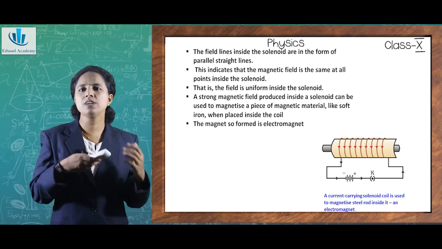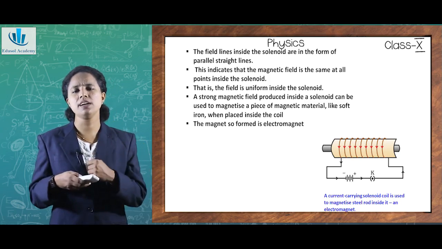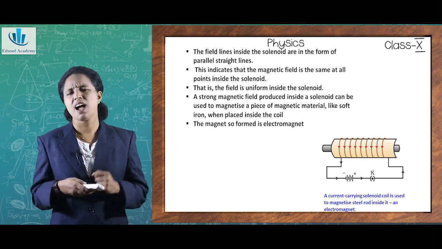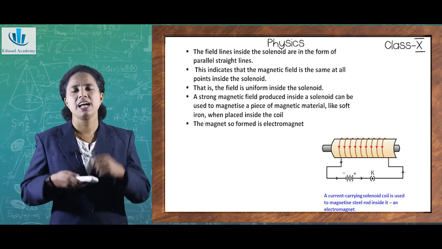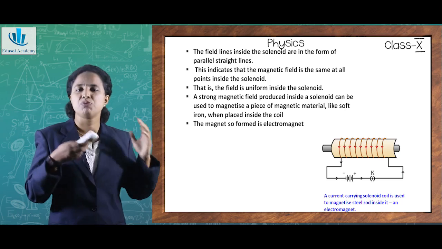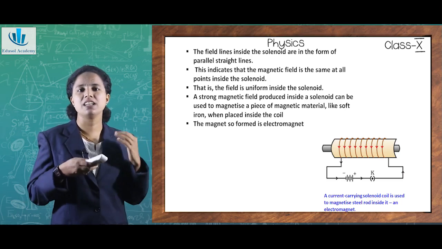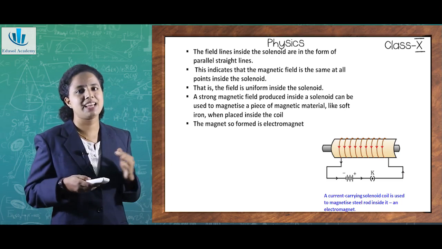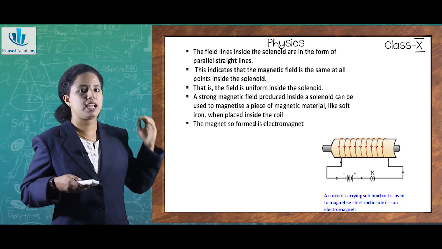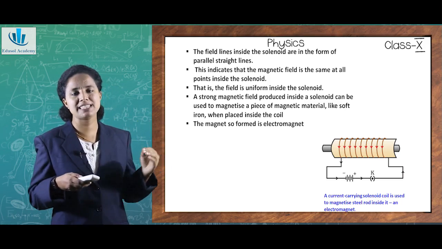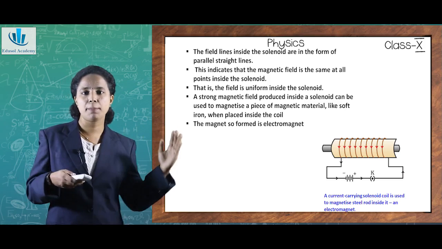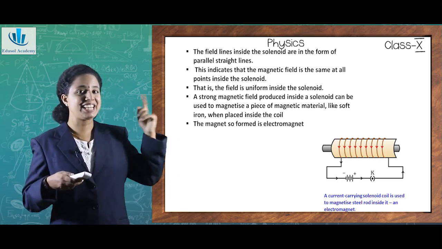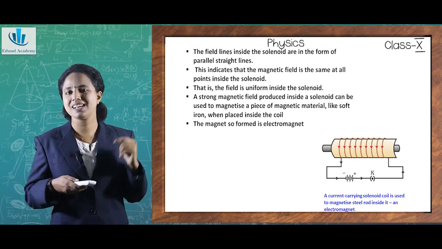So how are the field lines inside the solenoid presented? Are they uniform or are they different in different places? It is shown that the field lines inside the solenoid are in the form of parallel straight lines. In the case of the magnetic field lines that we have already discussed for bar magnets, they emerge from the north pole and end at the south pole, isn't it?